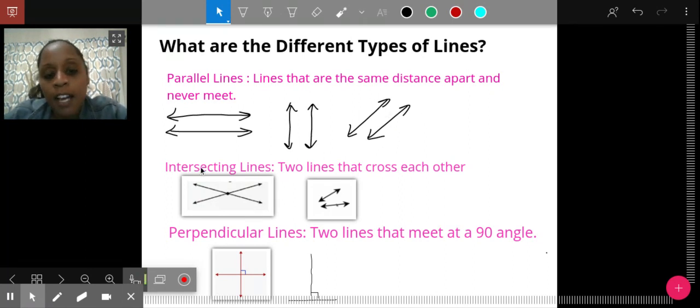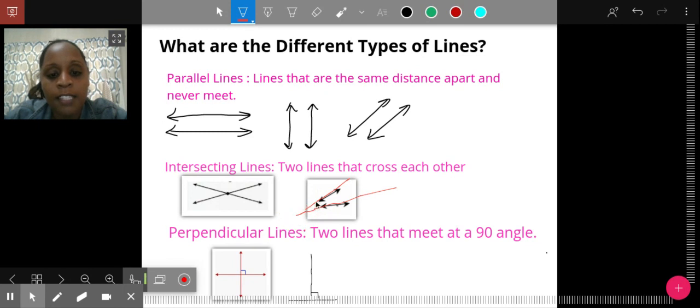Now, intersecting lines are 2 lines that cross each other. So here we have 2 lines, and if you notice, they cross each other, they intersect. These lines right here, these second lines, you'll see that they aren't touching, but if I take a marker and I extend the line, as I'm doing right now, if I extended this line, and then I extended this line here, we'll extend it a little bit more, extend it some more.